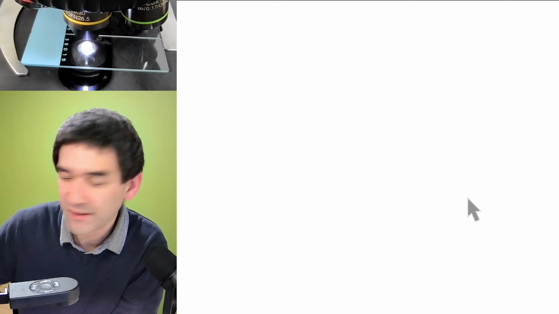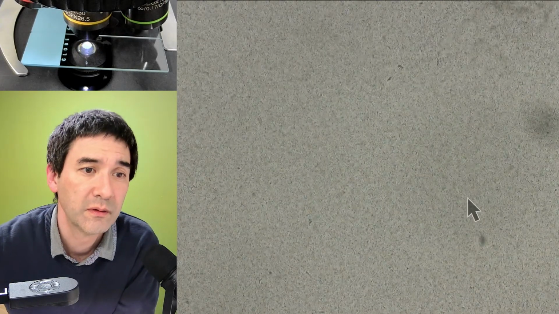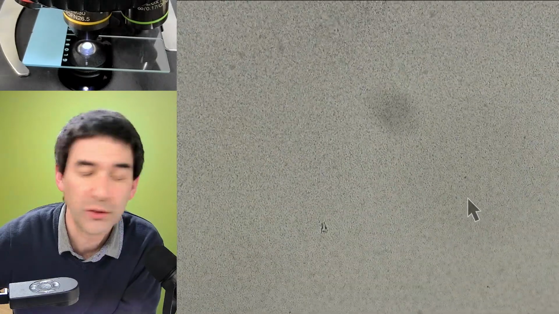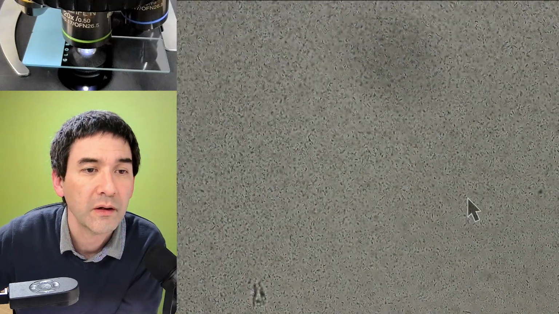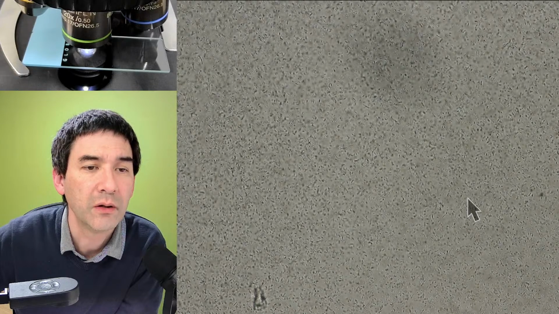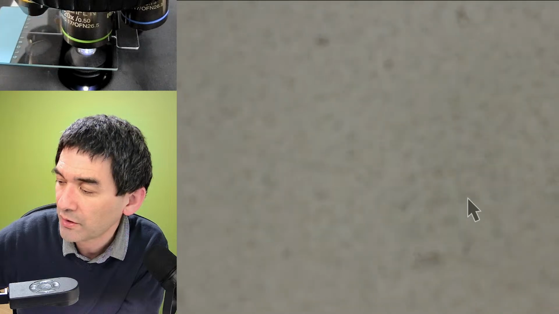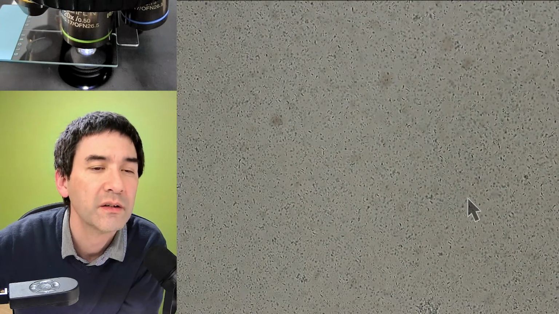You don't need a lot of cells, but there is plenty of stuff here. All of those tiny dots at this magnification, I think you get it. These are all cells, and I'm using my 20 times objective now. This one over here seems to have a little bit fewer cells. Still enough.